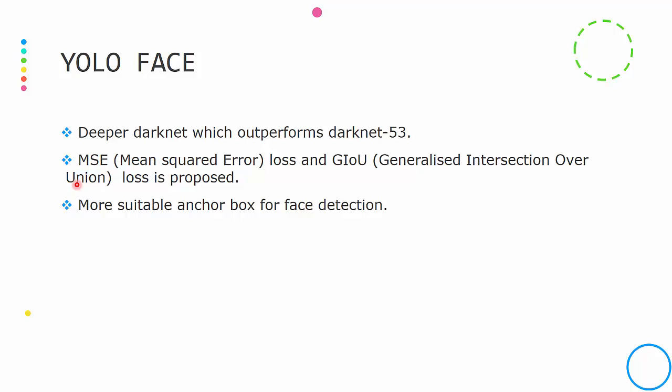MSE is mean squared error and GIOU means generalized intersection over union. To select anchor boxes, as I mentioned, YOLO face uses two types. First one is from the original YOLO version 3, second one is k-means clustering. Using IOU as the distance of anchor boxes, all the face labels are divided into k classes. Then the mean value is assigned as the new center of anchor boxes, and we repeat this until convergence.